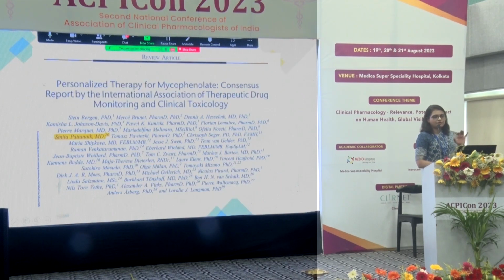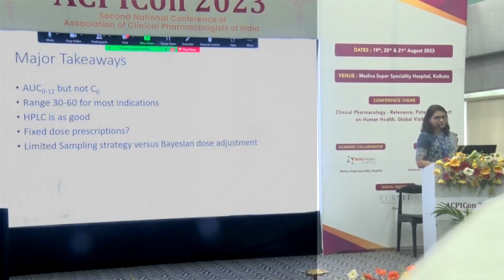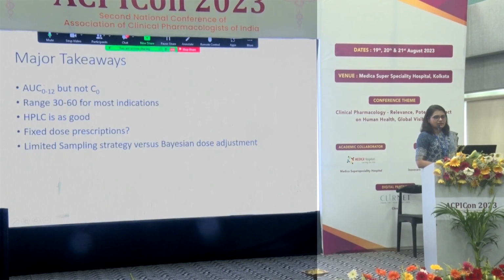In this document, from the IIT-DMCT, we sort of propose that AUC is definitely the biomarker, but you have to work around that. You may have limited sampling strategies, but the flip side is you have to do it in your own population.